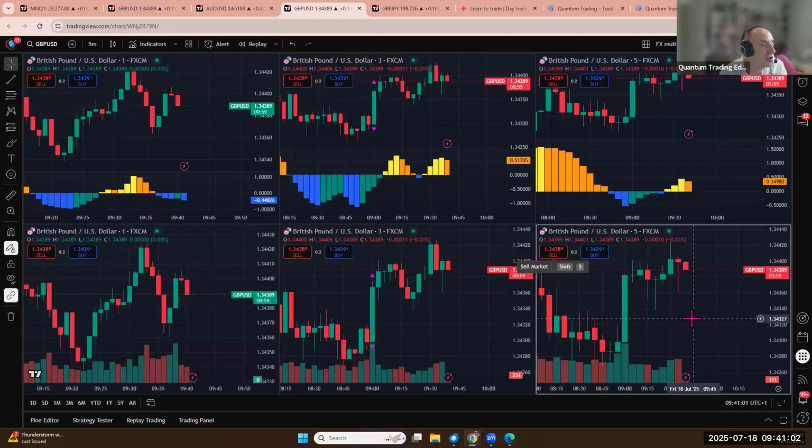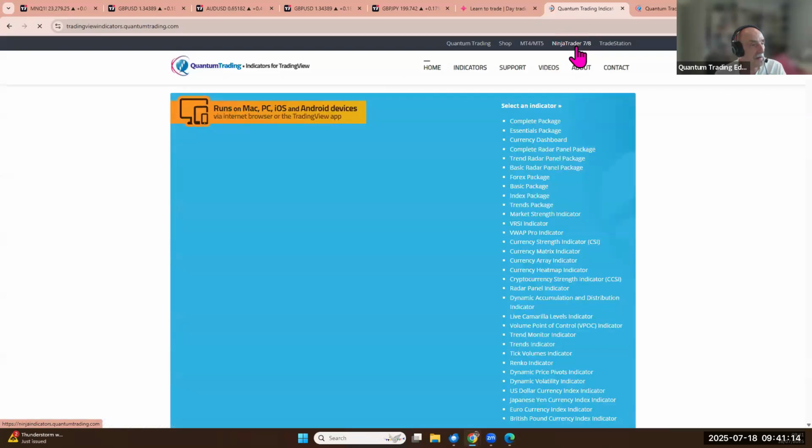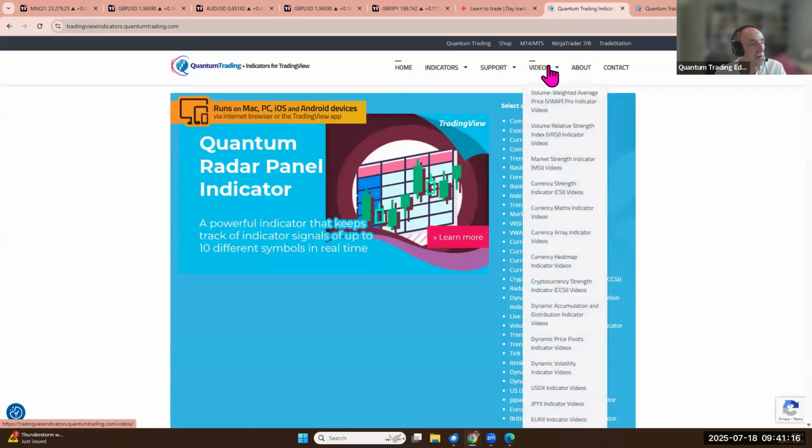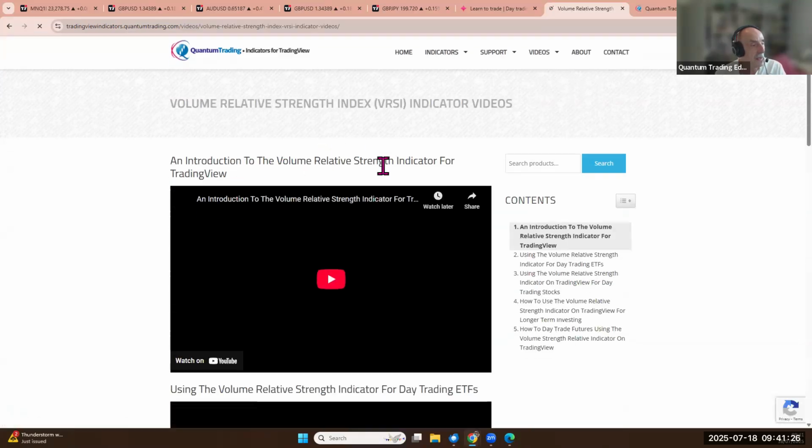Oh, and Anna's just reminded me that if you go to the quantum trading site, if you want to find out anything about these indicators, go to the appropriate platform. Let's go to TradingView as an example. And if you go to videos, in the video library, you will find a huge number of, for example, if we click on the VRSI here for TradingView, here we are.